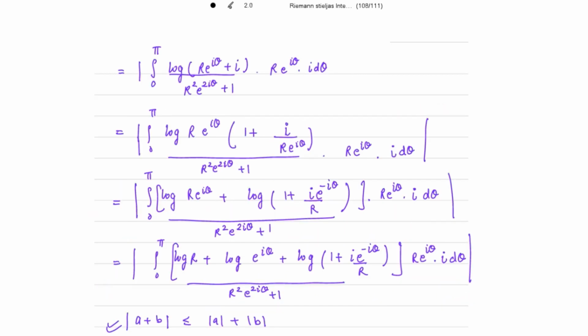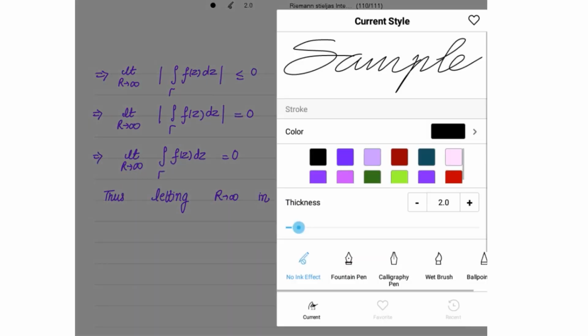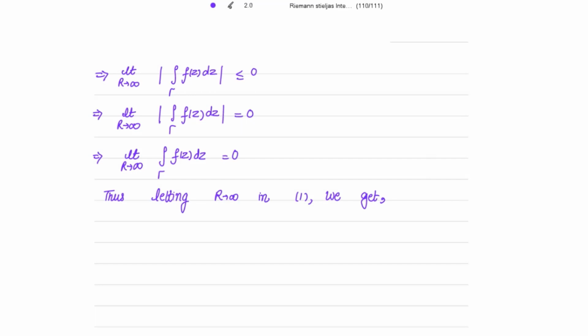So, letting r tend to infinity in 1, we get the integral from minus infinity to infinity, because I'm having negative r to positive r, of f(x) dx. The second integral will be 0.